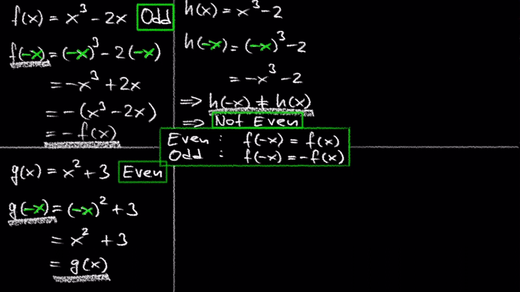Let's determine if h of x is odd. To determine if h of x is odd, we have to find out what the negative of h of x is, to see if it's equivalent to h of negative x.